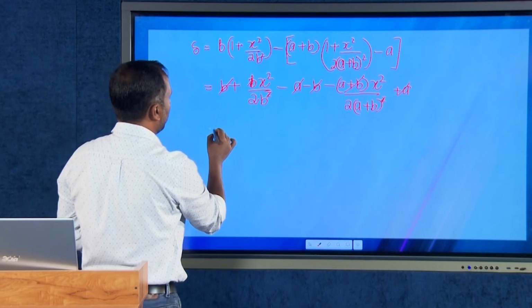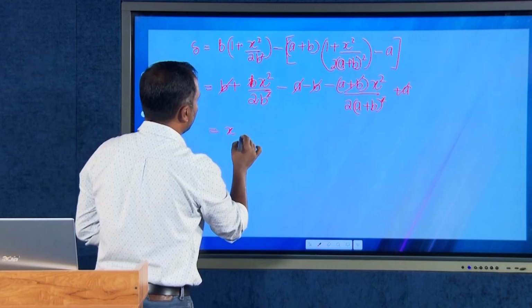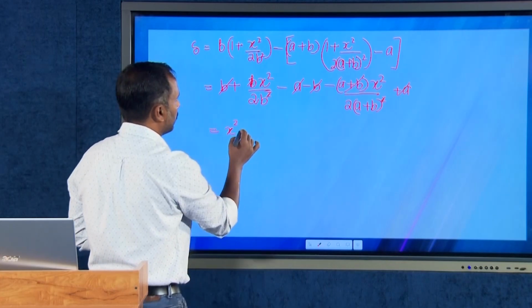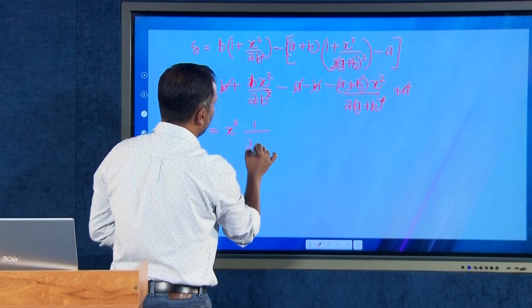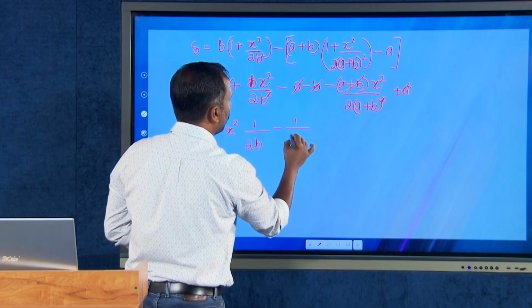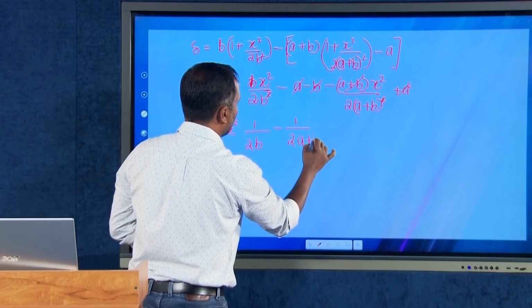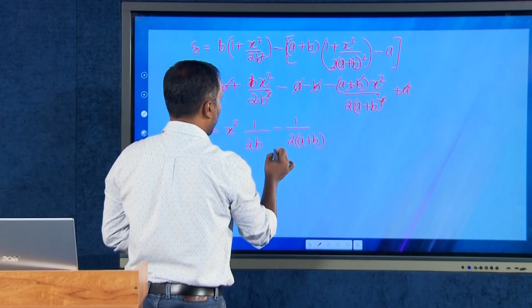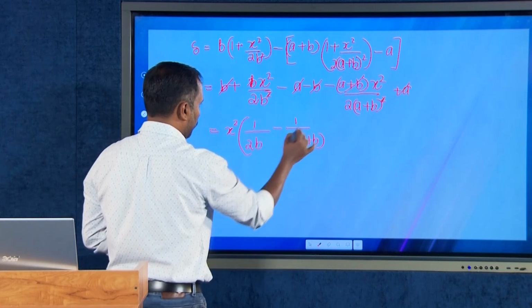So I can take X square as a common factor, that will be 1 by 2B minus 1 by 2 into A plus B, and 2 also can be taken as a common factor.